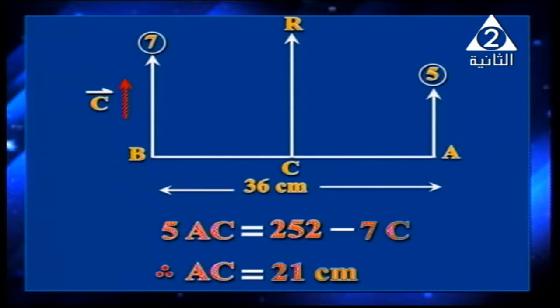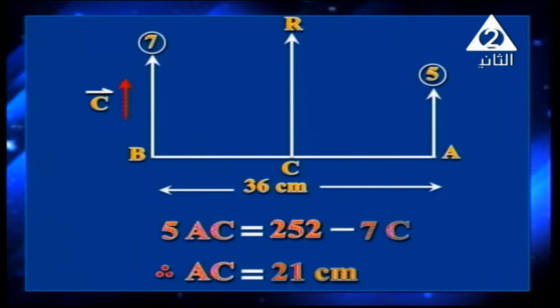Remember, 5AC equals 252 minus 7AC. Therefore, we put on the left hand side 5AC plus 7AC equals 12AC equals 252, then divide by 12. Therefore AC equals 21 centimeters.